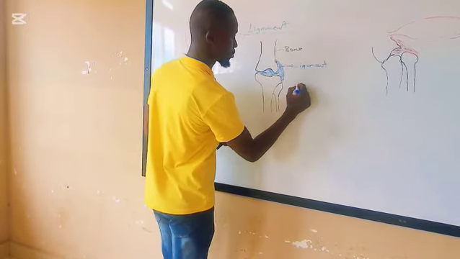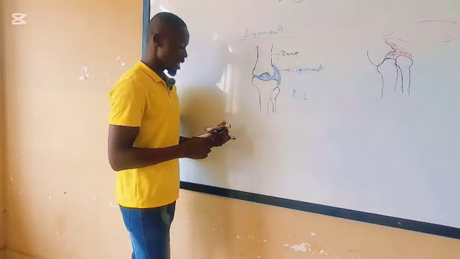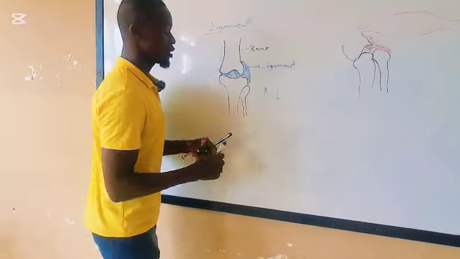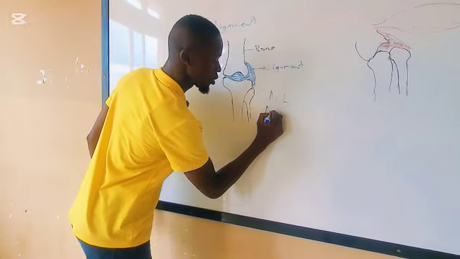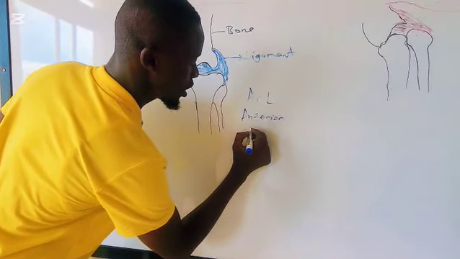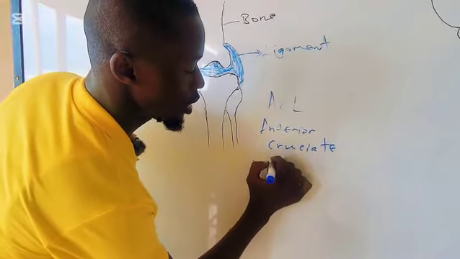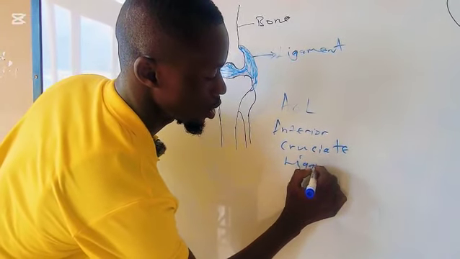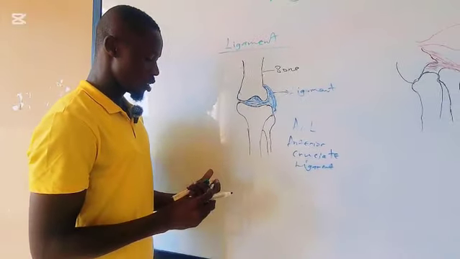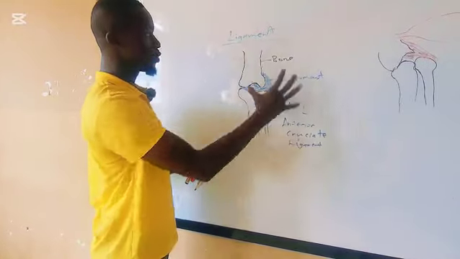The ACL stands for the anterior cruciate ligament. Basically, that is for ligament.